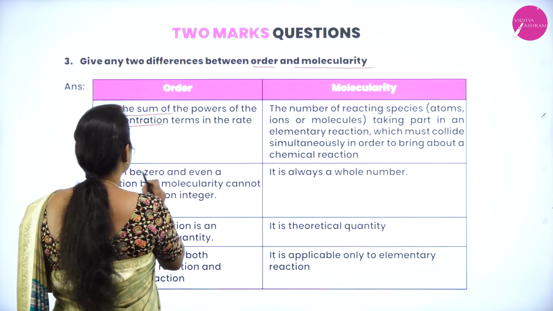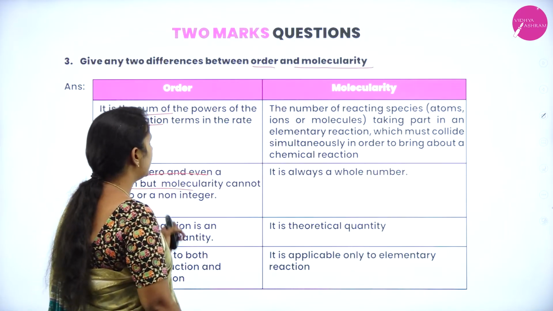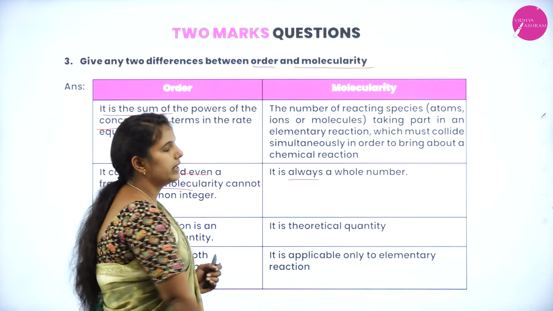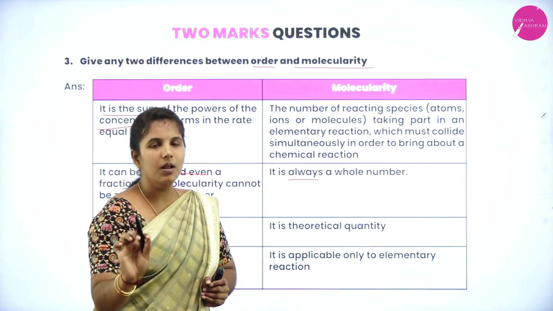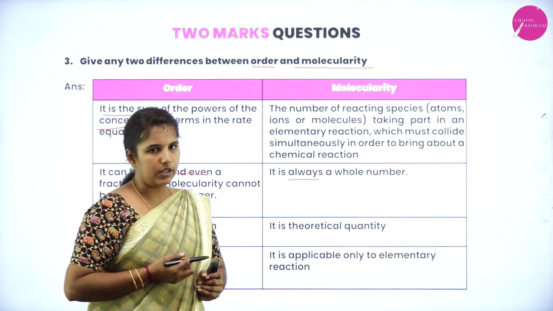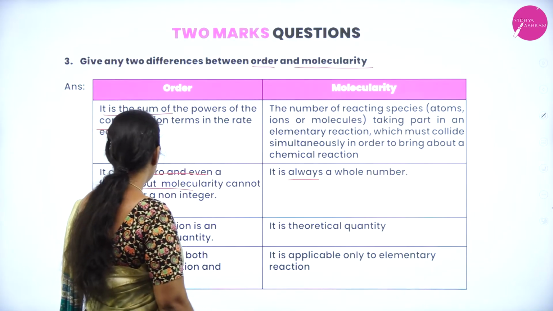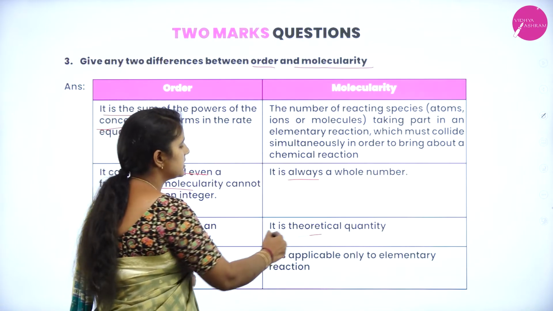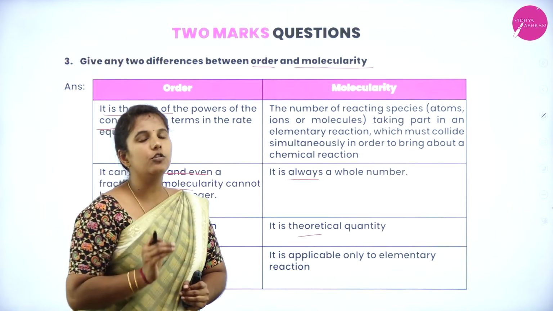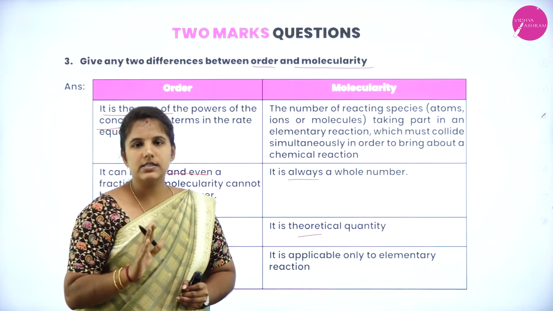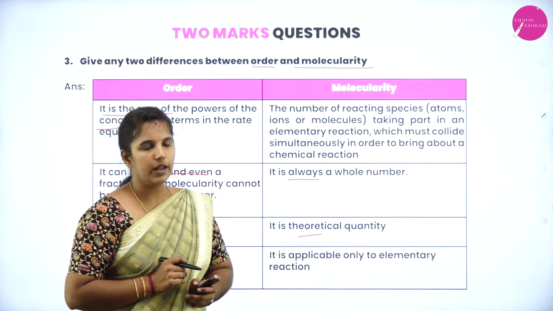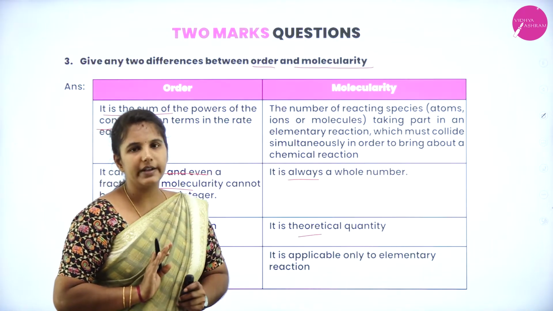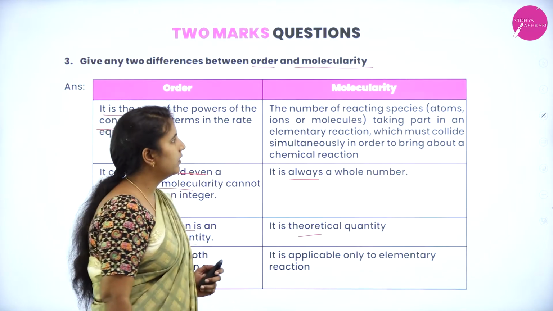Order can be 0 or even a fraction, but molecularity will not be 0; it is always a whole number. Order is an experimental quantity, whereas molecularity is a theoretical quantity. Any two proper differences you write are enough to get 2 marks. Hope you all understood. Here I have listed out 4 differences; any 2 you can write in your exam.